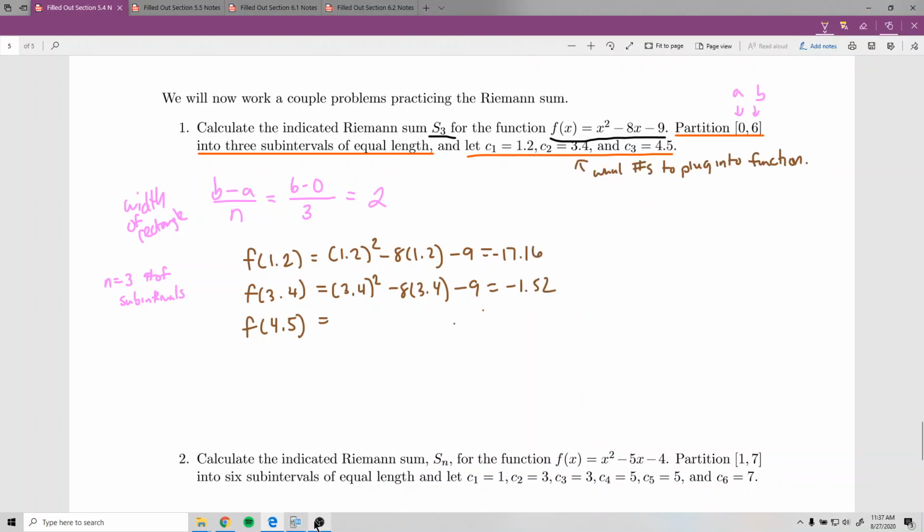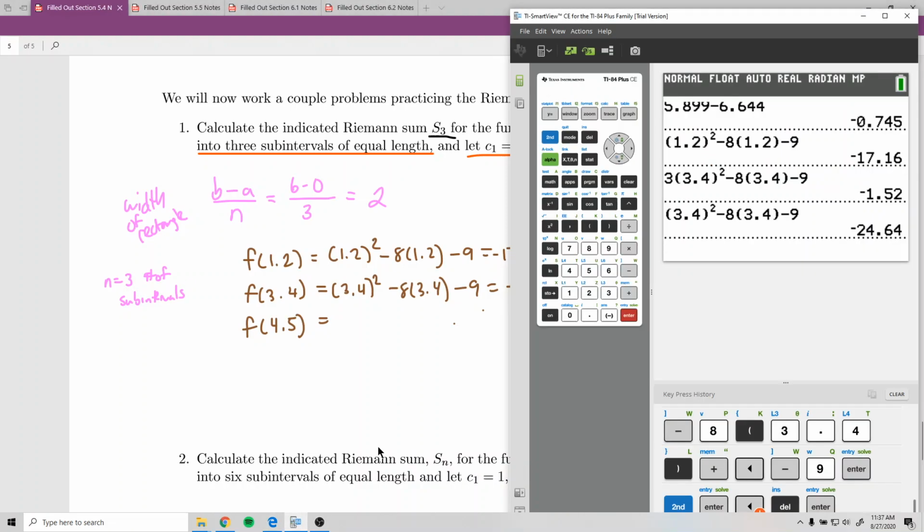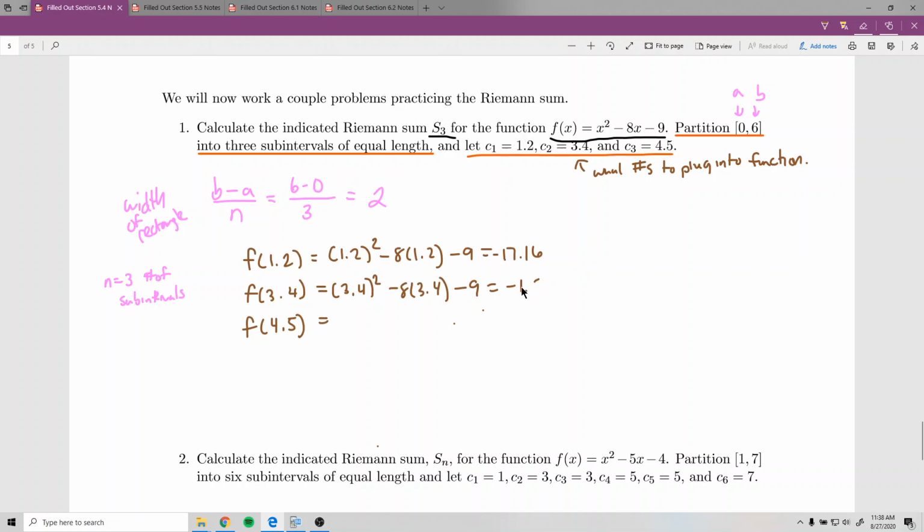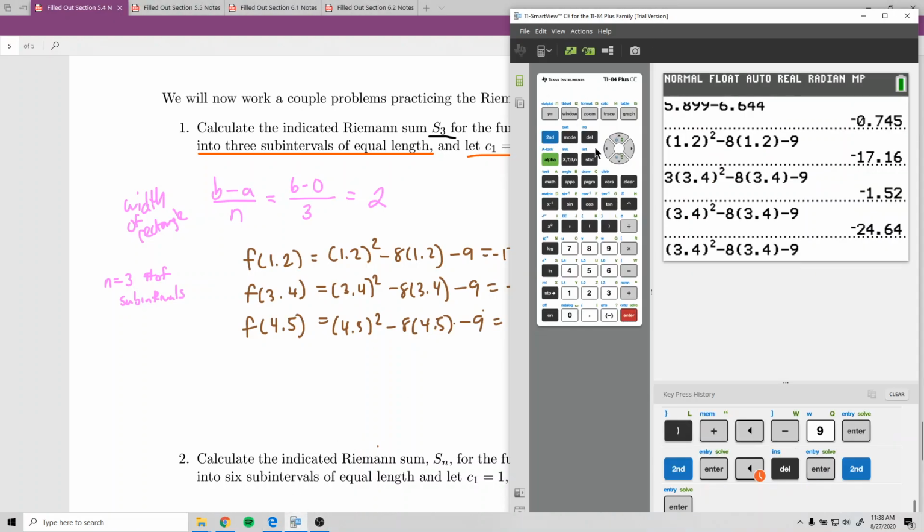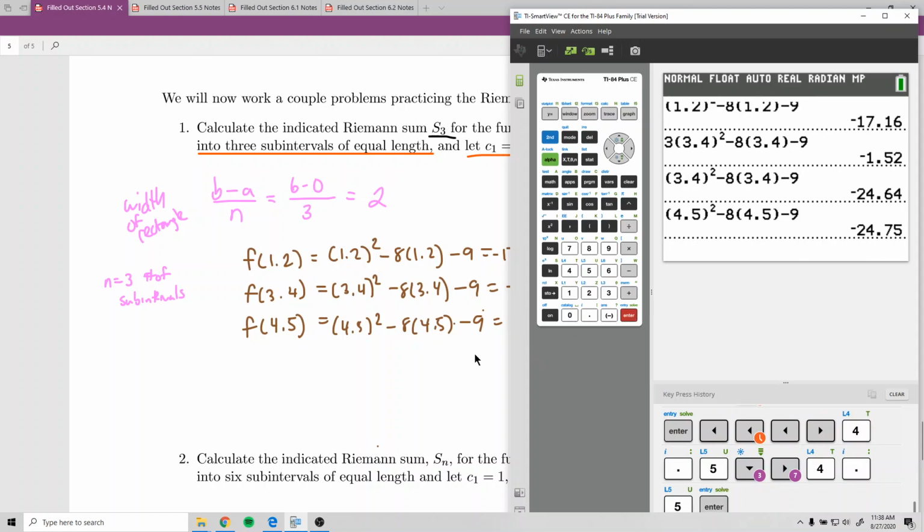Negative 24.64. That seems a lot more right. And then the last number we want to plug in is 4.5. I'm going to use that shortcut I used before and just replace the 3.4s with 4.5s. We get negative 24.75.